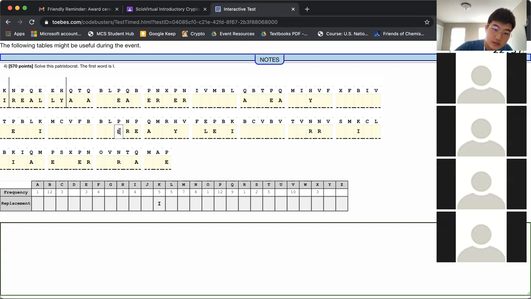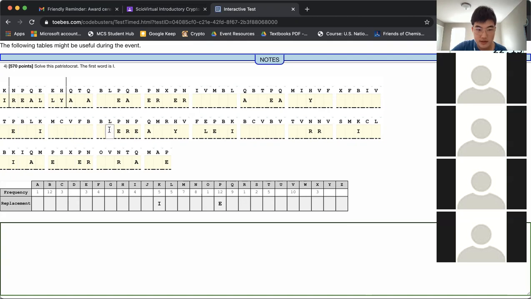So we already have E's filled in, right? So if you see how B is really common, and we already used E and it's P, or P is E, I'm thinking that B something P is probably the, just because B is super common and T is super common in English. So if we look around, there's BLP here.